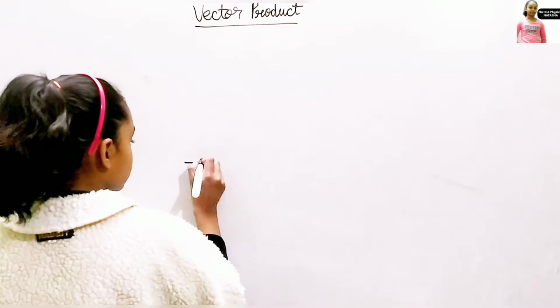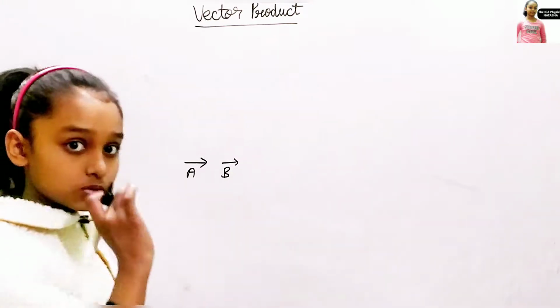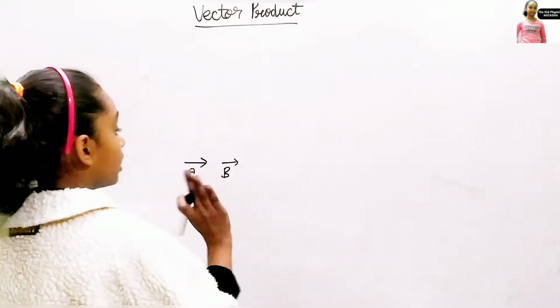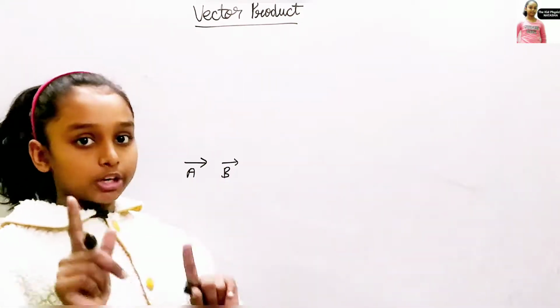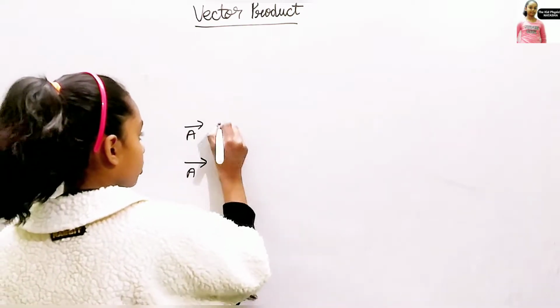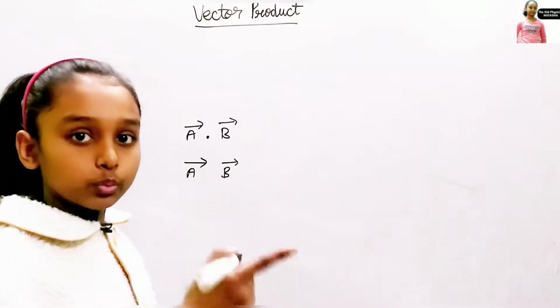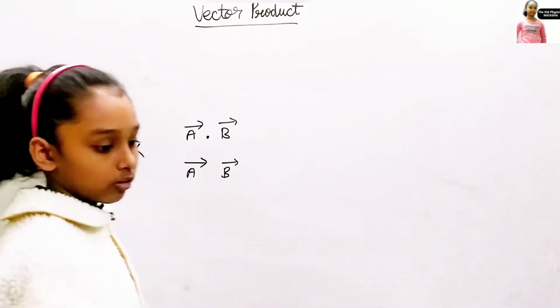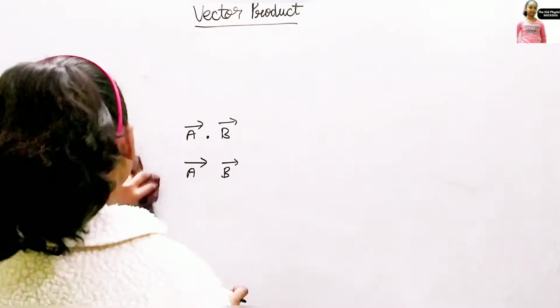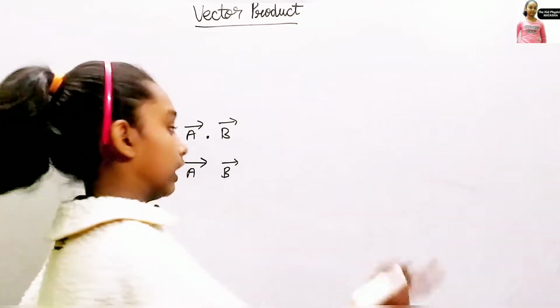Let me first write any two vectors, vector A and vector B. First, let's get back to our dot product. I have told you that when we do dot product of any two vectors, we always put a dot instead of the multiplication sign.